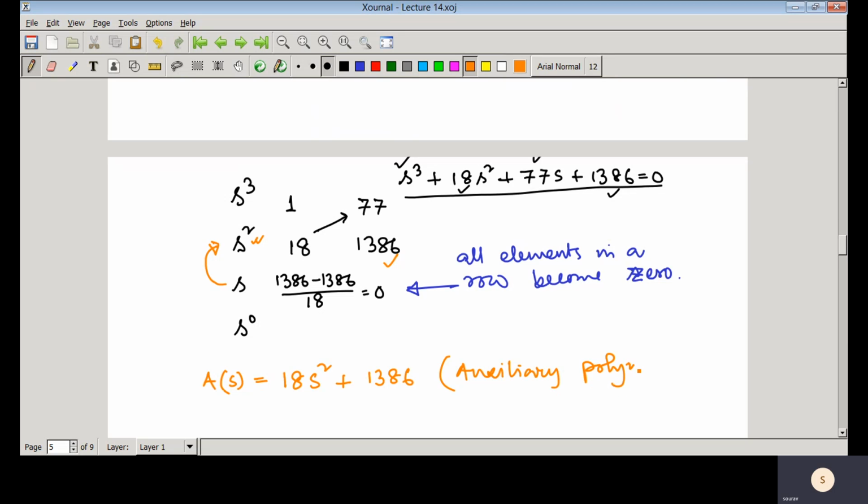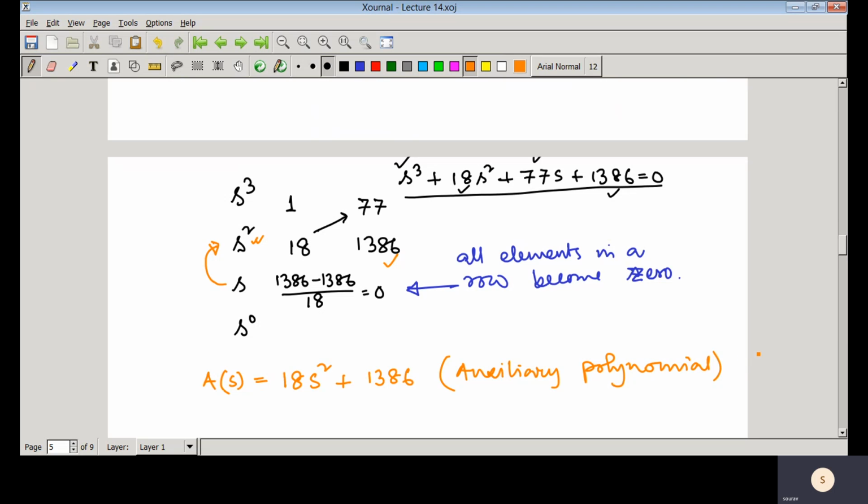This particular polynomial has a name, which is called the auxiliary polynomial. And physically there is an interpretation of this auxiliary polynomial.